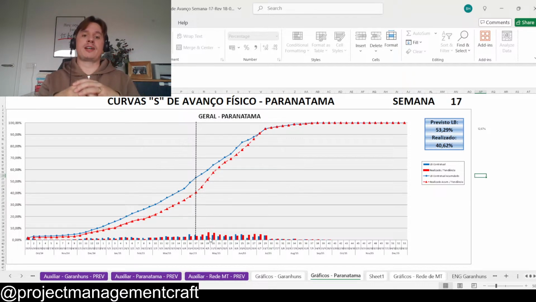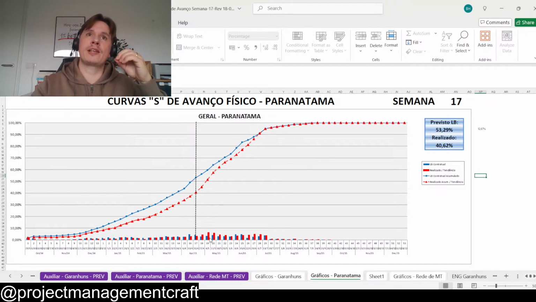Because of the kind of measurement that you're going to do, for example, in construction, you're going to say the total construction has, I don't know, 500 cubic meters of concrete that needs to be done. So, for the sake of simplifying my life, I'm going to do that in 5 weeks. So you're going to do 100 per week. You are behind. Last week you did 80. This week you did 80. So you need to do an extra 120 in the other weeks to compensate.